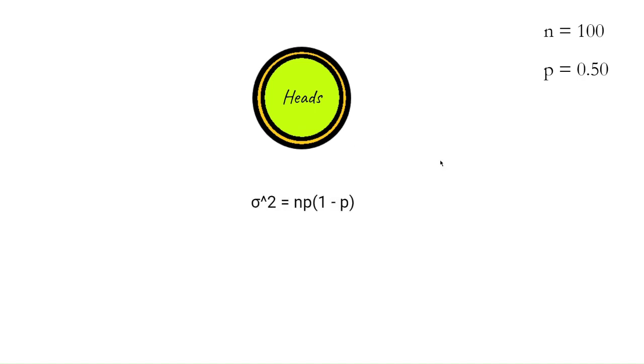This is the formula. After replacing with everything and doing some simple math, we found out that the variance is 25. Keep in mind, this is not 25 heads because it's not the same unit. So we have to take the square root to find the standard deviation, and that's 5. So now 5 heads is the spread.